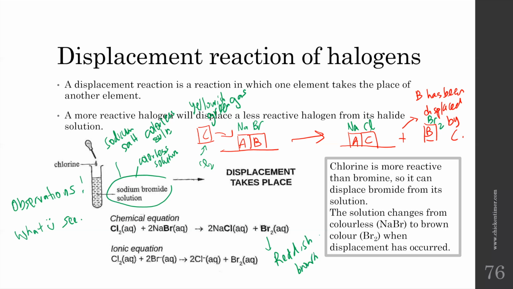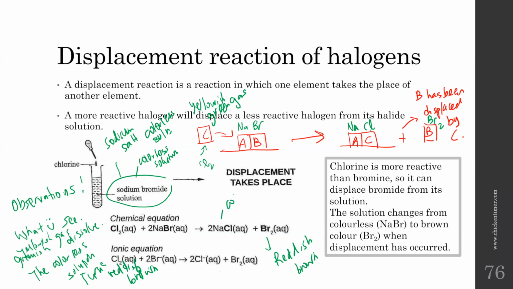So if they ask for observation, you will see that the greenish yellow gas dissolves and the colorless solution turns reddish brown, because reddish brown comes from the bromine and sodium chloride is still colorless.